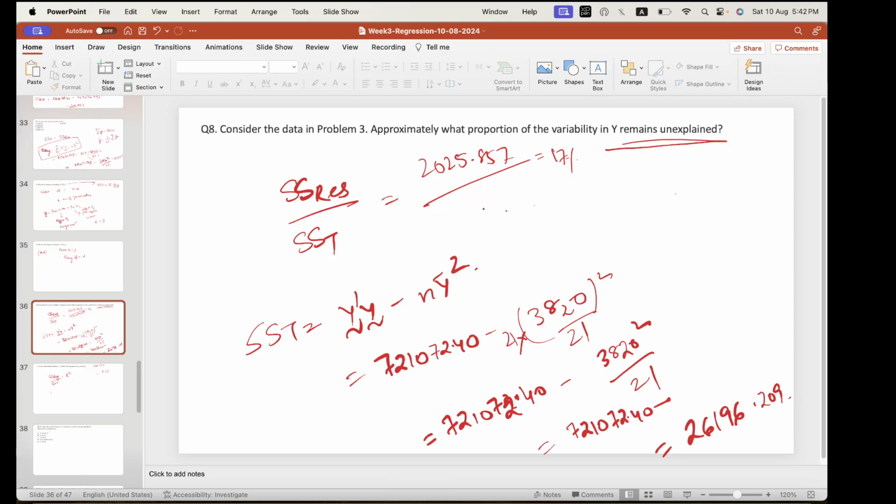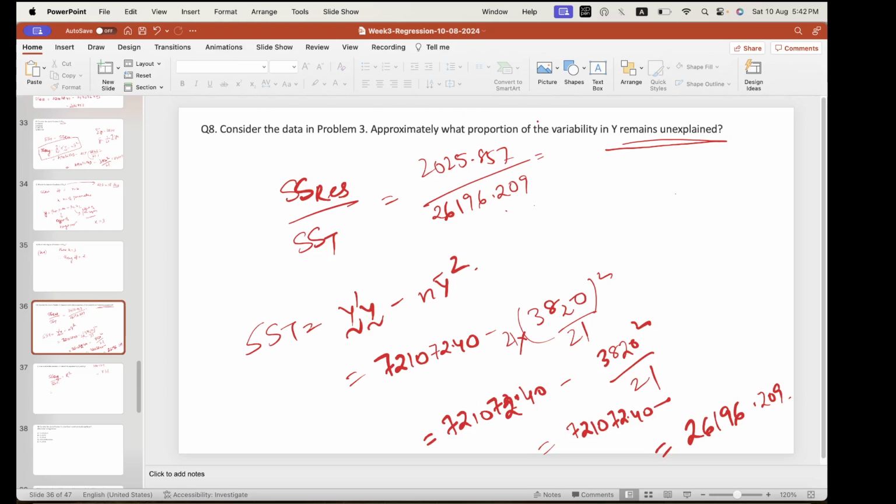Okay, so the proportion of unexplained would be SS residuals by SST. This is 2025.857 divided by 26196.209 into 100.